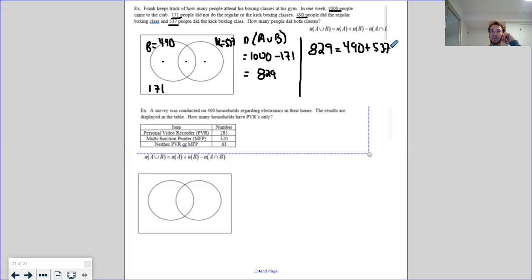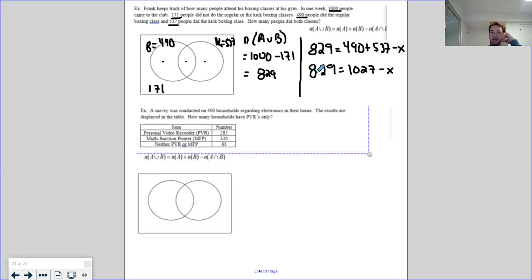And then you're going to subtract the overlap part, all right? Now, this is pretty straightforward. So why this works is 829 is going to equal 490 plus 537, which is 1,027, minus X.